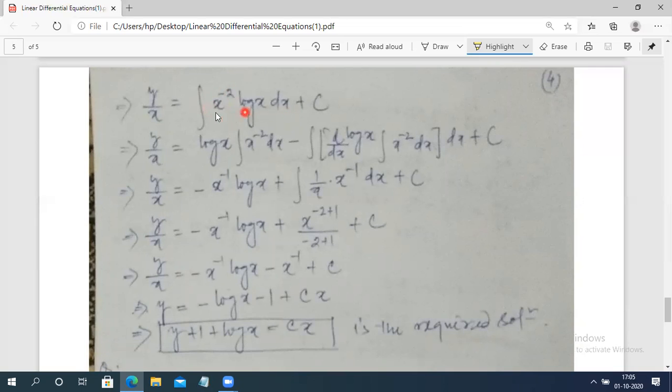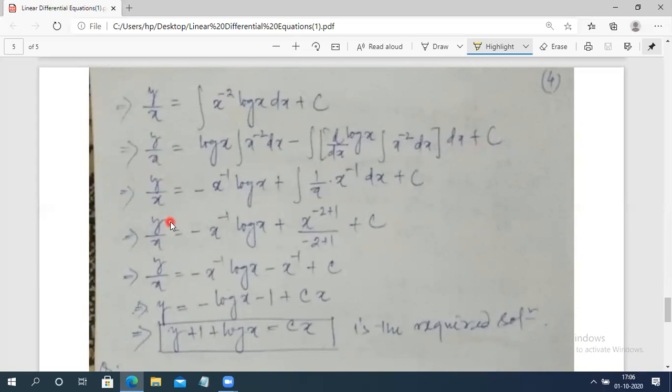Now again it is a product form, so this is the first function, this is the second function. Use the formula: first function into the integration of second, minus integration of differentiation of first into integration of second, whole thing integrated with respect to x plus c.